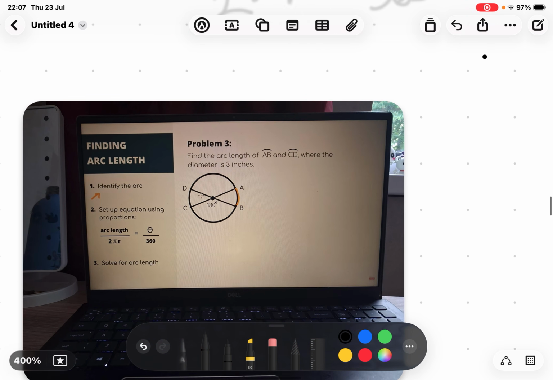Now find the arc length of AB and CD where the diameter is 3 inches. So we're given that the diameter, this whole thing, is 3 inches.